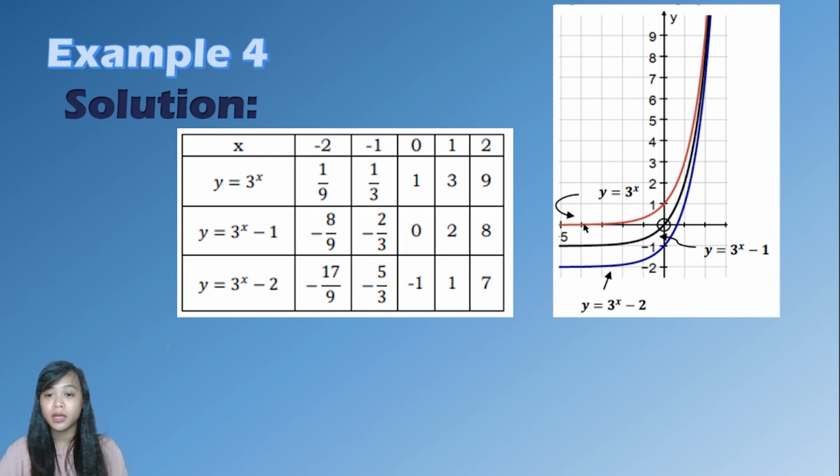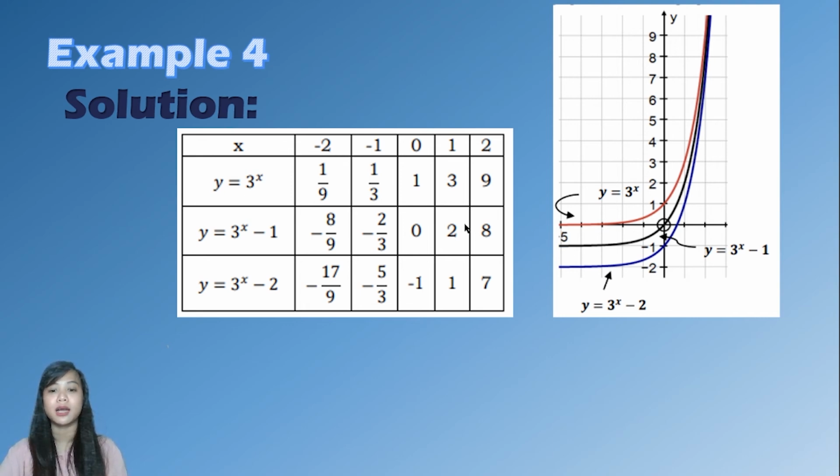We just can't see it, but if we zoom in, it will be 1 over 9, 1/3, then 0. If your x is 0, we have y equals 1. If your x equals 1, we have y equals 3, then positive 9 if your x equals 2. So this is your first graph.